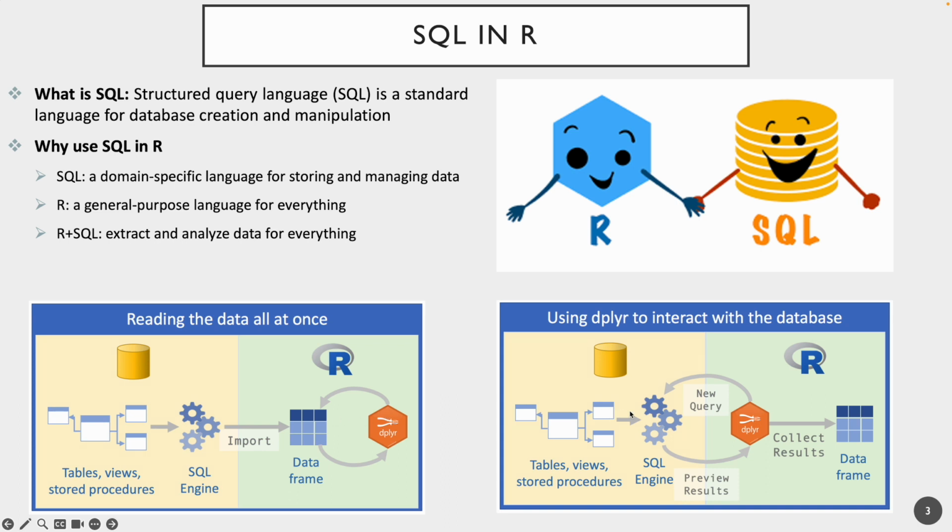The second one is to directly use dplyr to extract, interact with, and manage data directly. In today's tutorial, we will mainly focus on using DBI to extract the data. Then in the next tutorial, we can probably talk about how to use dplyr for data extraction and manipulation.